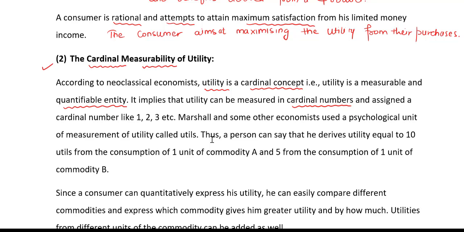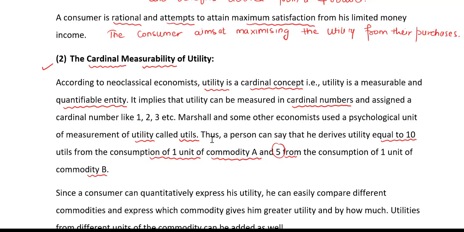Marshall and some other economists used a psychological unit of measurement of utility, and that is called utils. I already shared it with you. Thus, a person can say that he derives a utility equal to 10 by consuming commodity A, and by consuming commodity B, that person got 5 utils of utility.